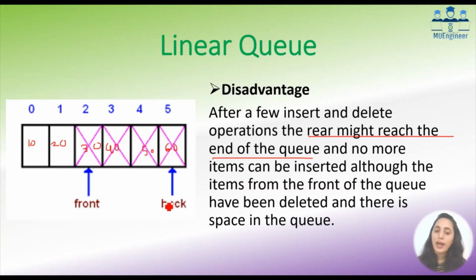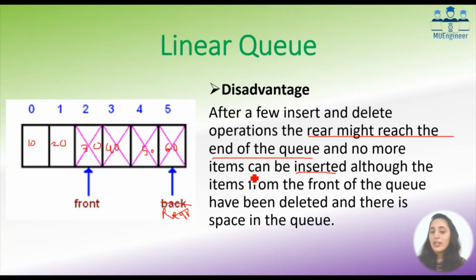Now my rear has reached the end of the queue. Rear is equal to 5, which is pointing to the last block of the queue, and no more items can be inserted.